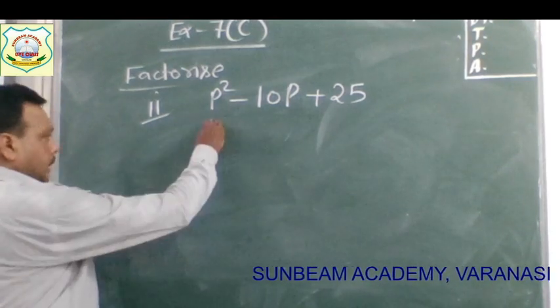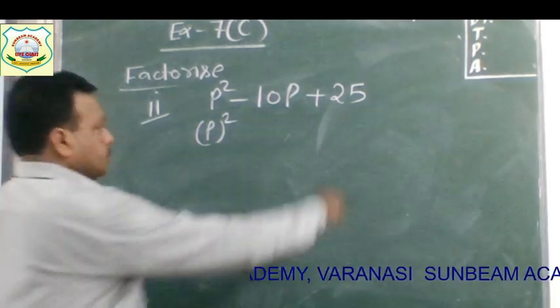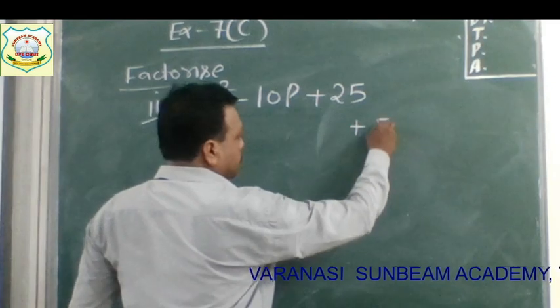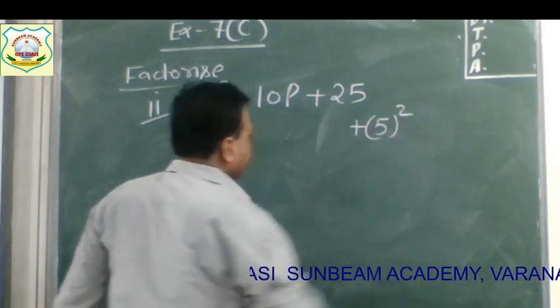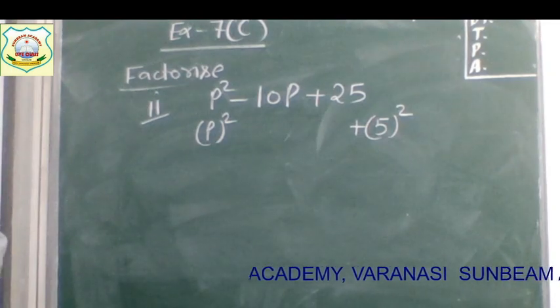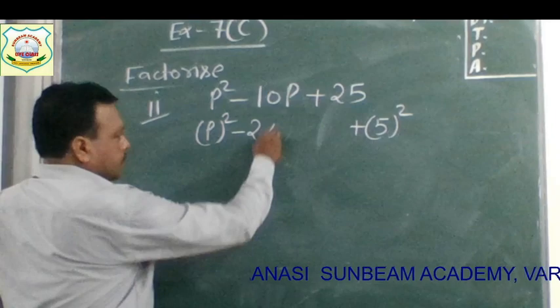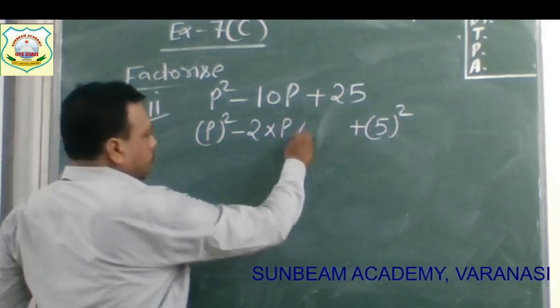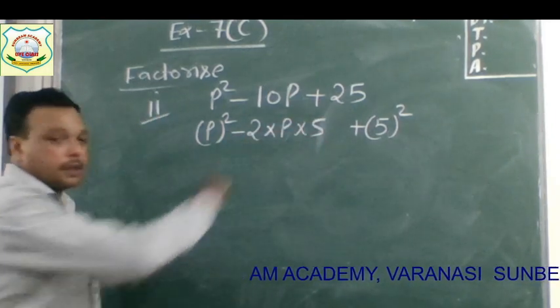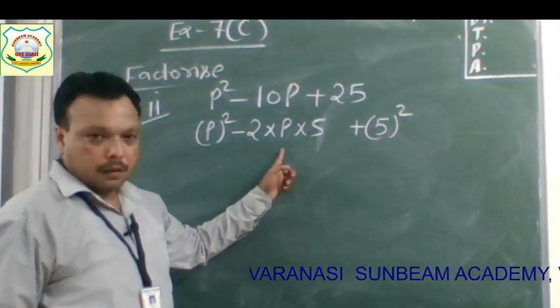P square is already in the form of a square, plus 25 is already in the form of 5 whole square. Now, we will see the minus 10p. Minus 10p, what should be here? Minus 2 multiply p and multiply 5, because b is the 5. So, 5 2s are 10, 10p.